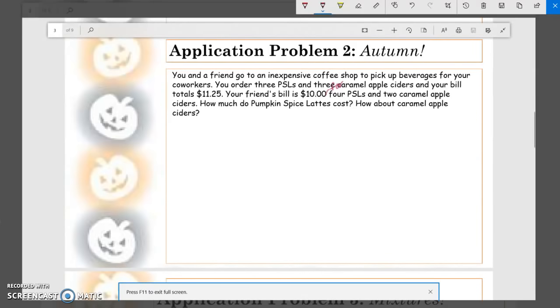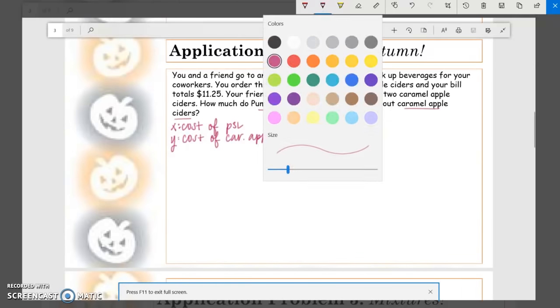So let's write out the system of equations and also define our variables. So we want to know how much one of the beverages costs and how much does the other beverage cost. So let's call X the cost of a pumpkin spice latte, or PSL, and then Y is going to be the cost of caramel apple ciders. So we need 2 different equations.